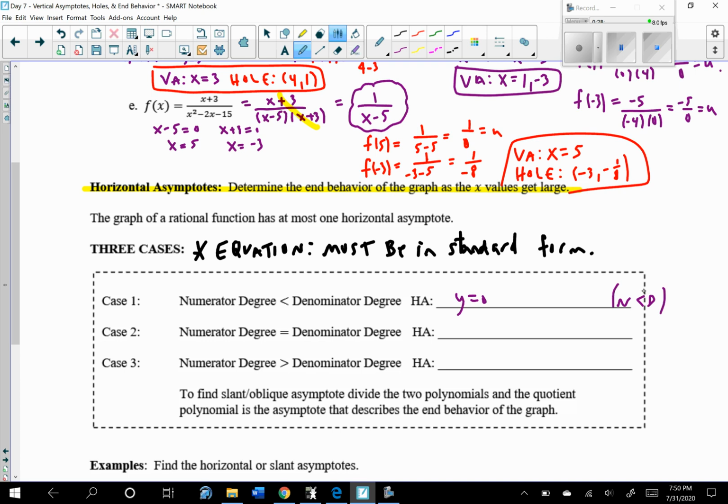When the numerator degree equals the denominator degree, then the asymptote is going to be y equals the ratio of the leading coefficients.